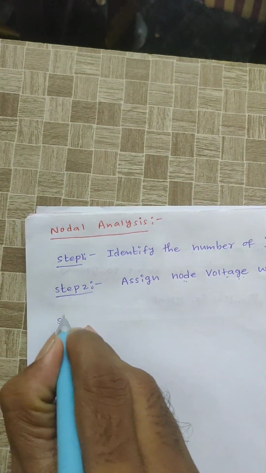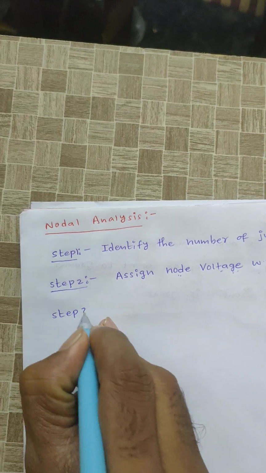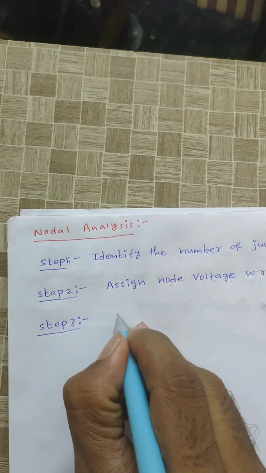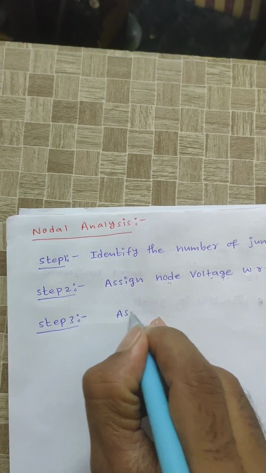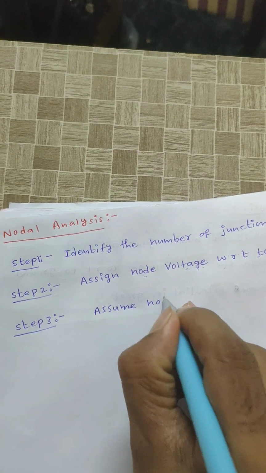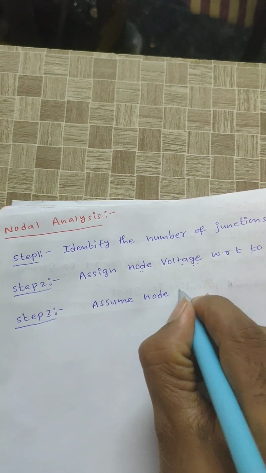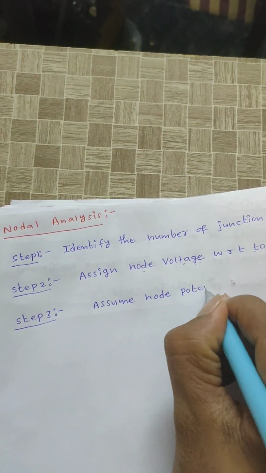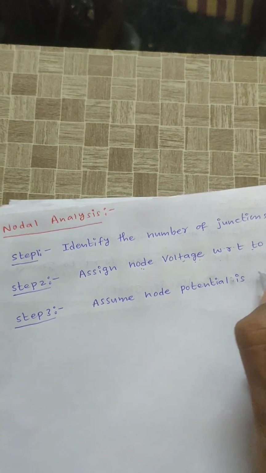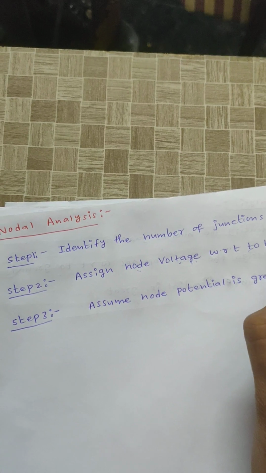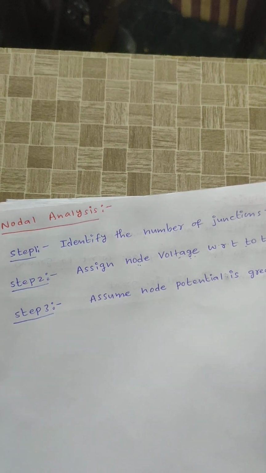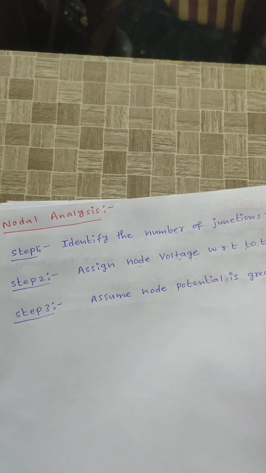Next, step 3: assume node potential or node voltage is greater than the remaining voltages.